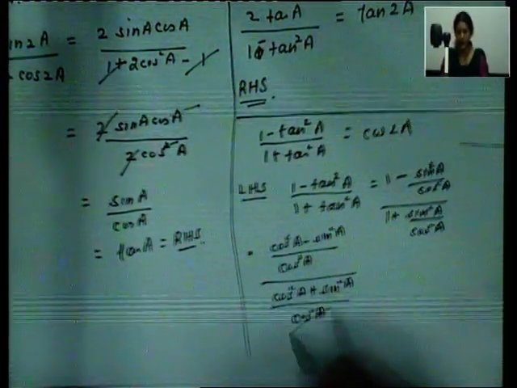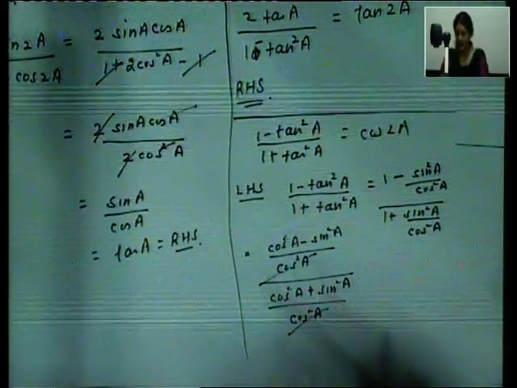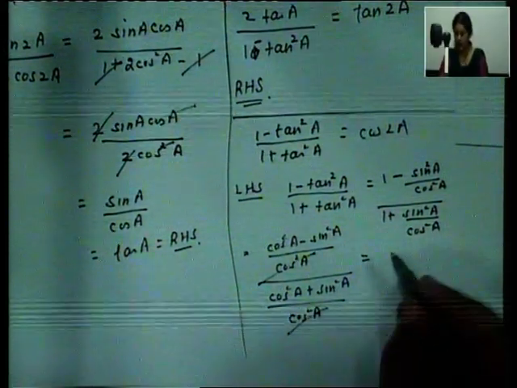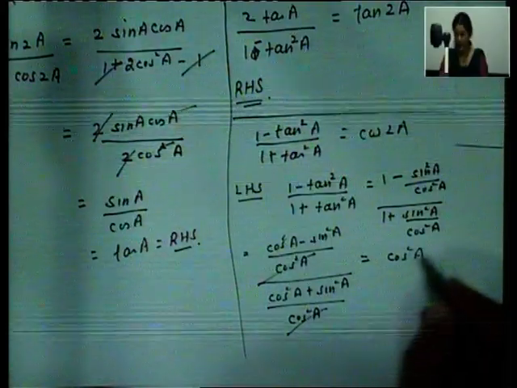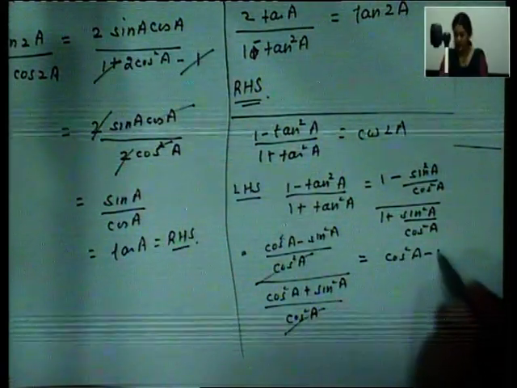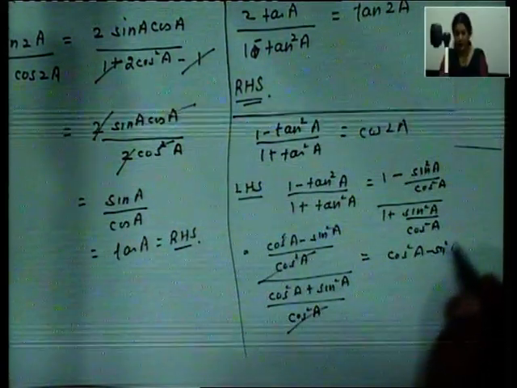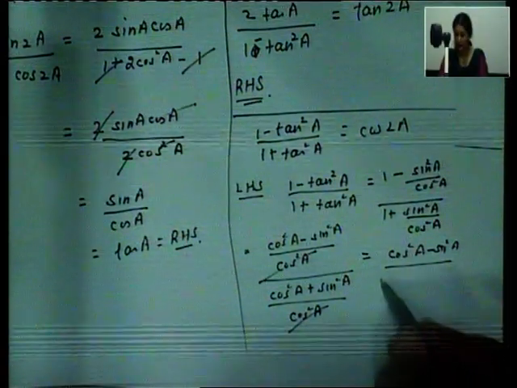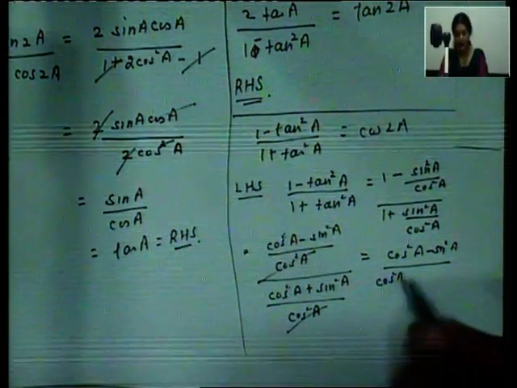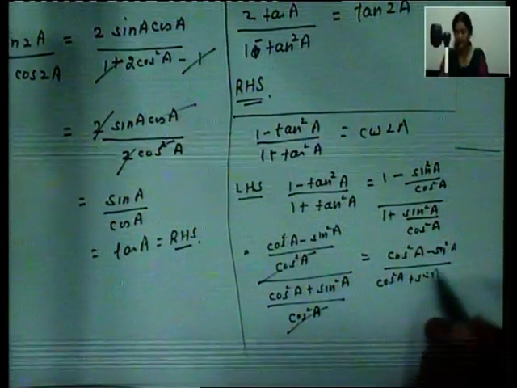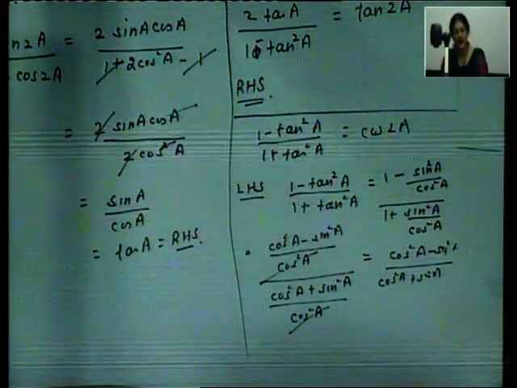So this cos square a gets cancelled with this cos square a. So we are left with cos square a minus sin square a upon cos square a plus sin square a. Now cos square a plus sin square a is 1.